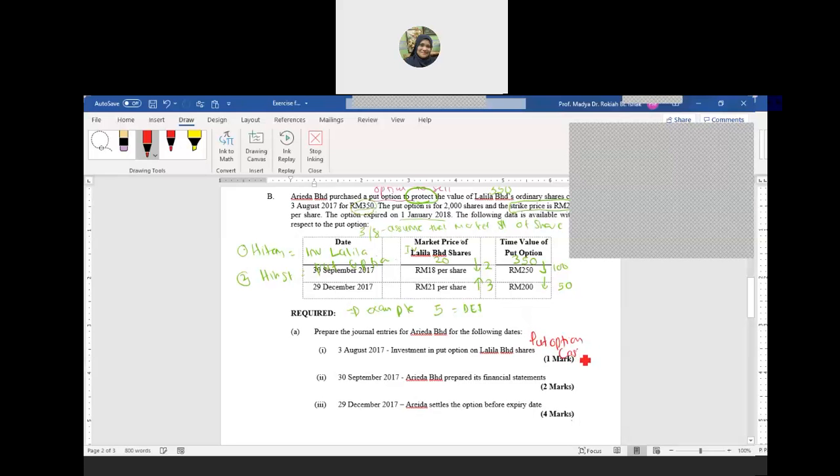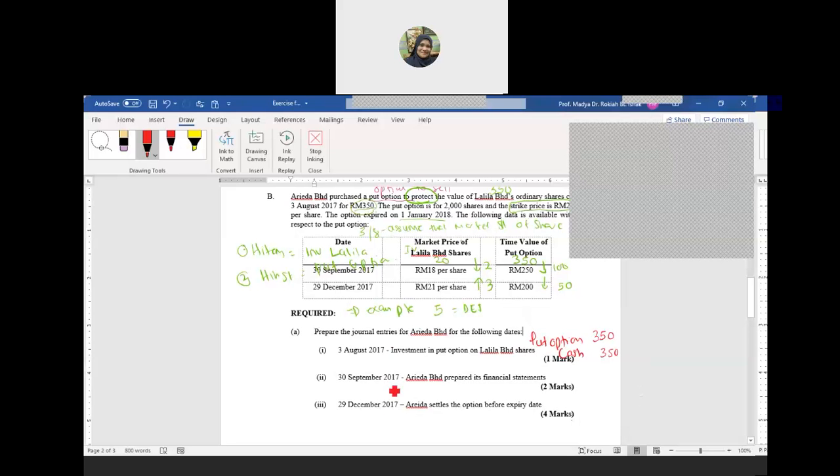The amount that you paid for the put options here is 350. This is what we record for the put options. Now we only have the put options on that 3rd of August.